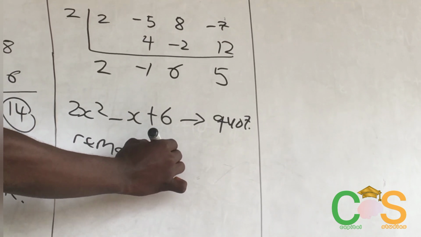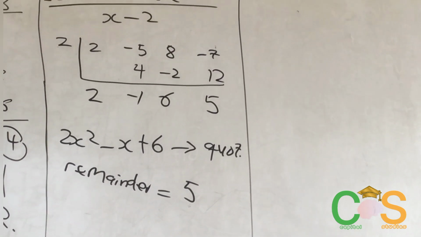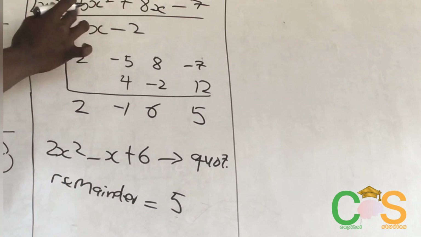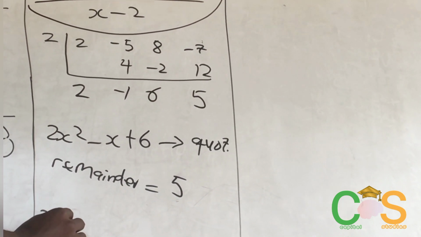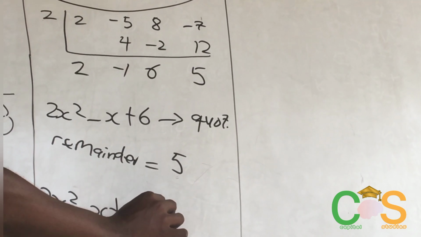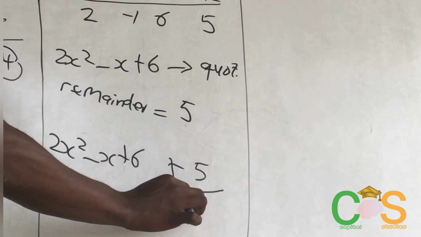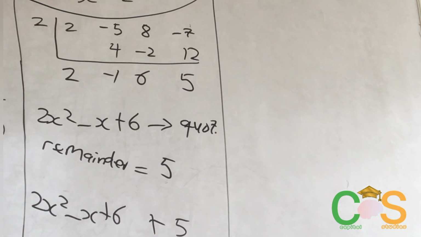The last number you see there becomes our remainder, and it's always constant. So for dividing this polynomial, our final answer is 2x squared minus x plus 6, plus 5 over the divisor, which is x minus 2.